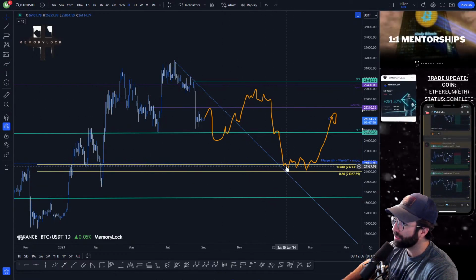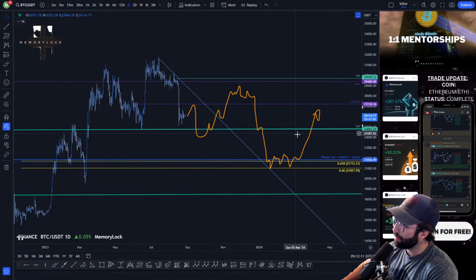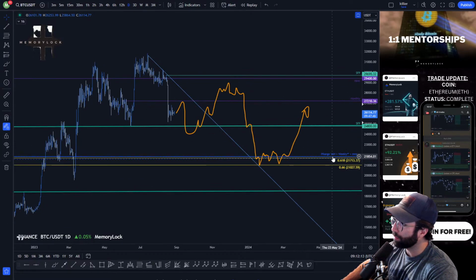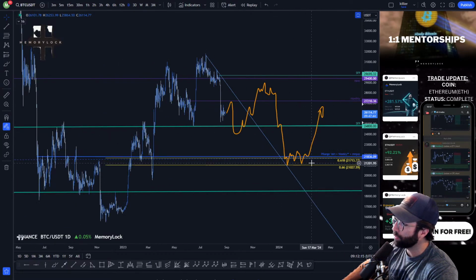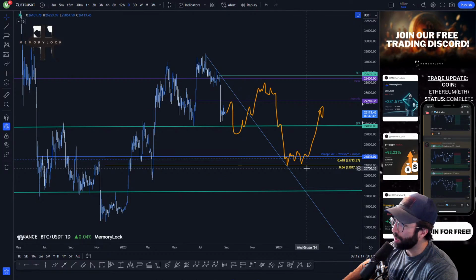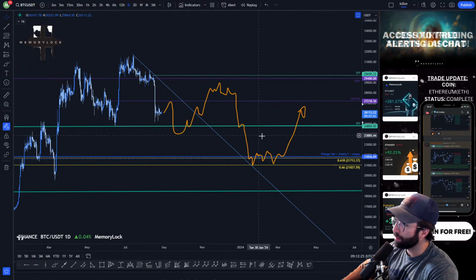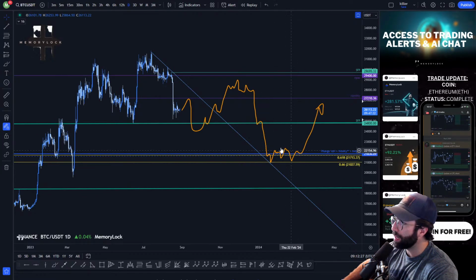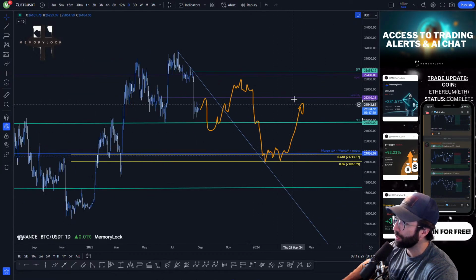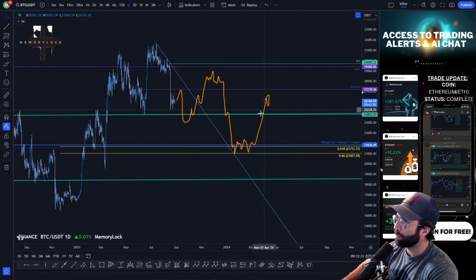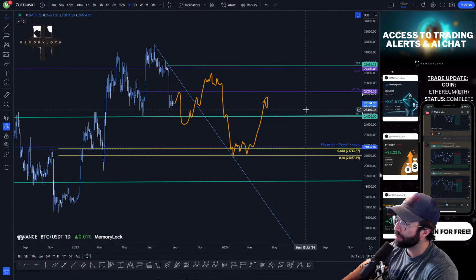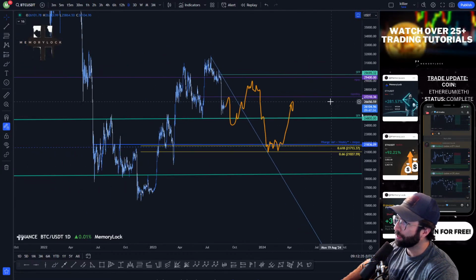Sort of backtested it, and then we have that continuation to the upside, that move up that coincides with talks of possible rate cuts, or the starting of the BTC halving, and that narrative starting to spin over here, where we get this move up, where we anticipate further continuation to the upside in the not so distant future from here.